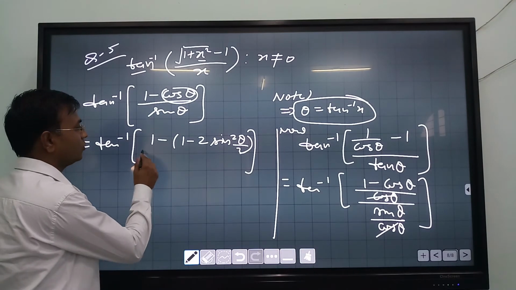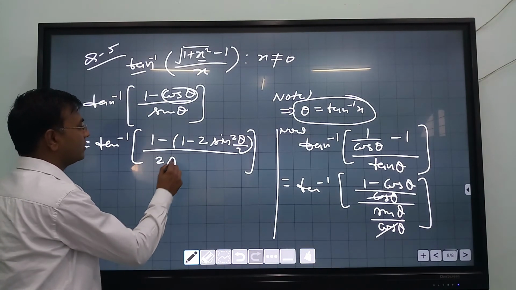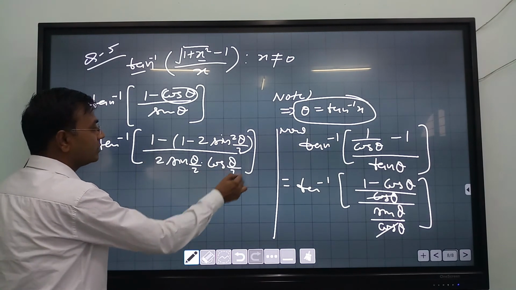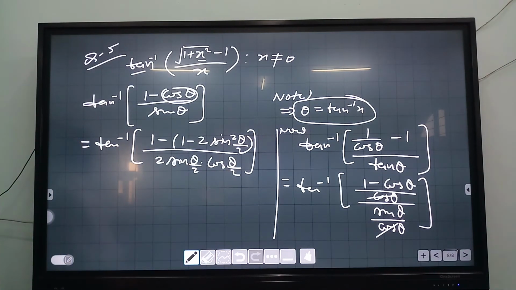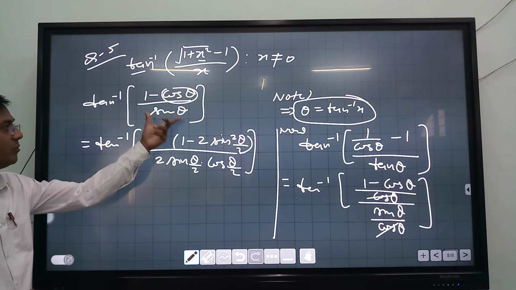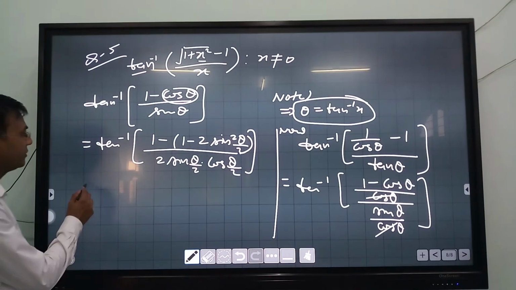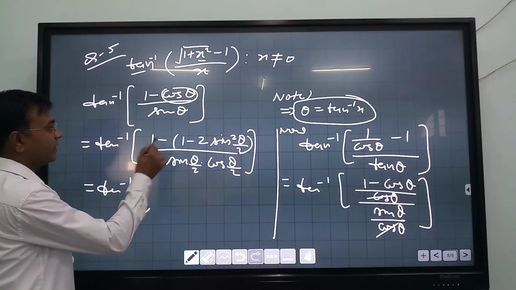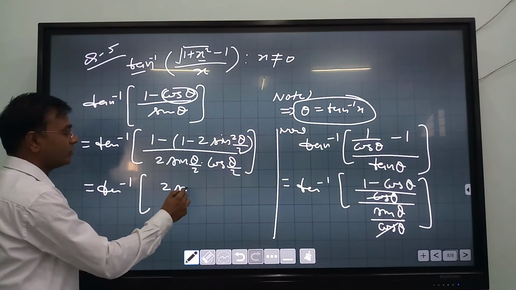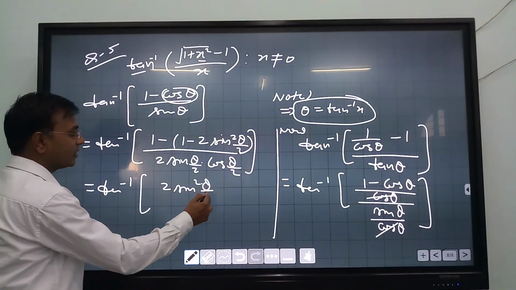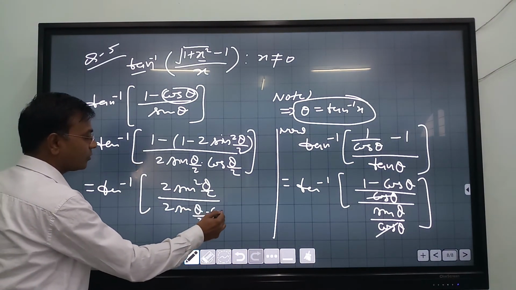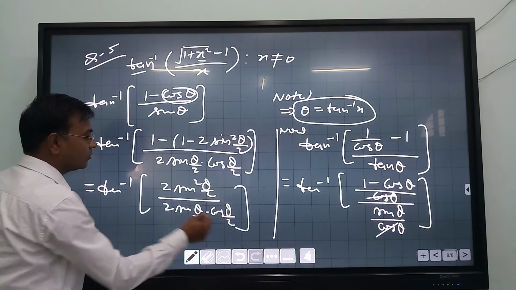And sin theta is also written as 2 sin theta by 2 cos theta by 2, that is the simplest form of these terms. Now tan inverse, the 1 and 1 cancel, so we get 2 sin square theta by 2 upon 2 sin theta by 2 into cos theta by 2.